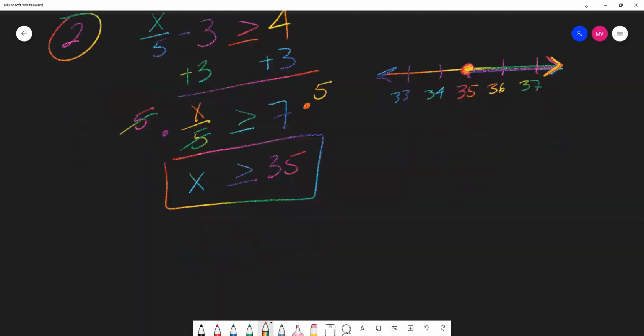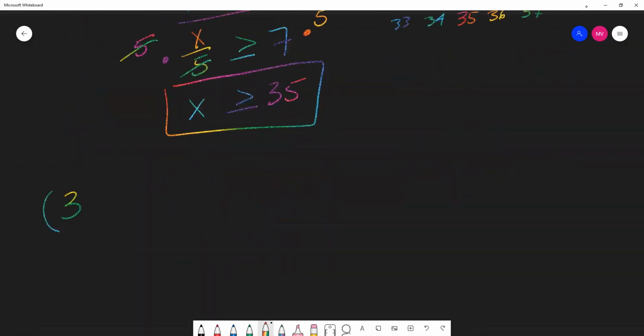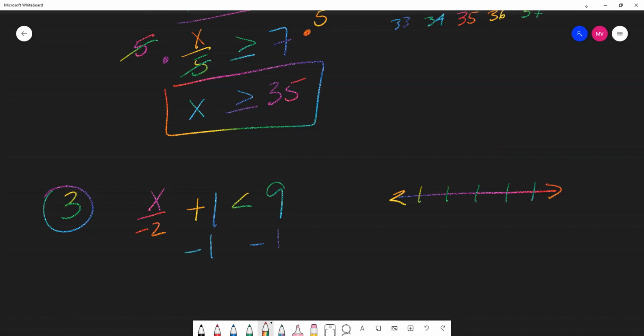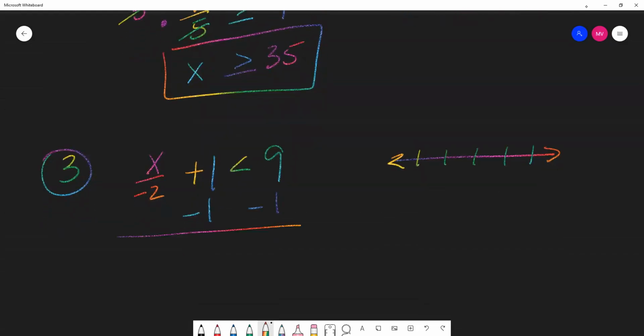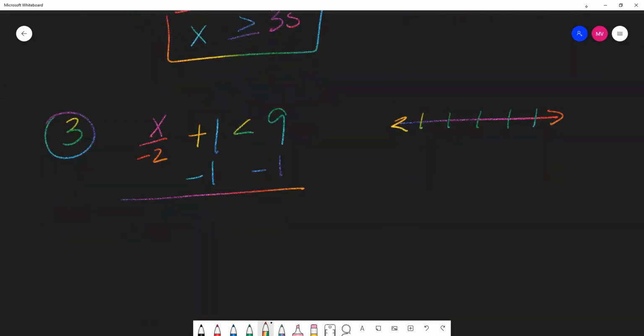Okay. Abigail, number 3. So number 3, we have x divided by -2 plus 1 is less than 9. So what do we do first here? Yeah, we got to subtract 1 from both sides. And so we end up with what? Right.